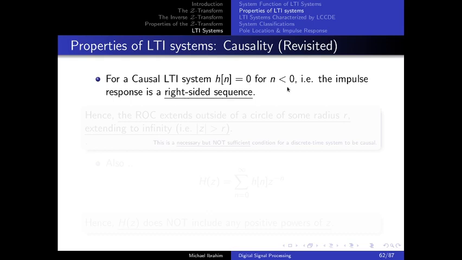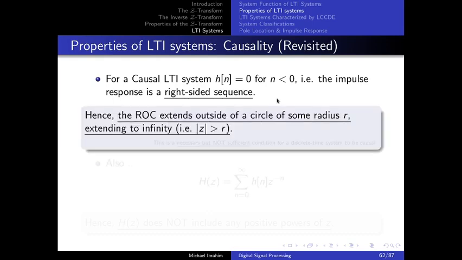This was the condition for causality and its relation to the impulse response. So the impulse response must be a right-sided sequence. If h of n is a right-sided sequence, this means that its region of convergence must be going outward. Hence, the ROC extends outside a circle of some radius r extending to infinity.